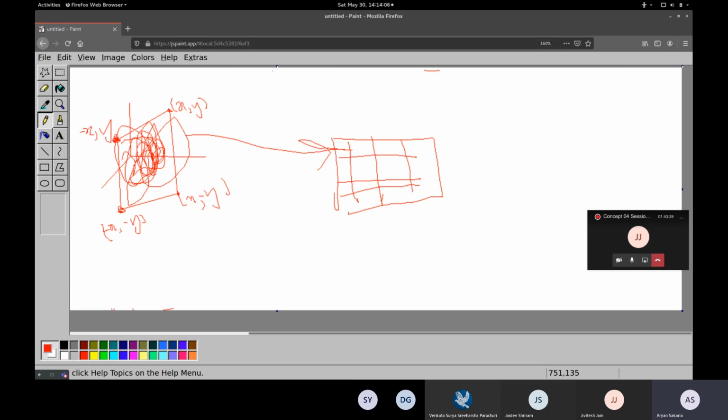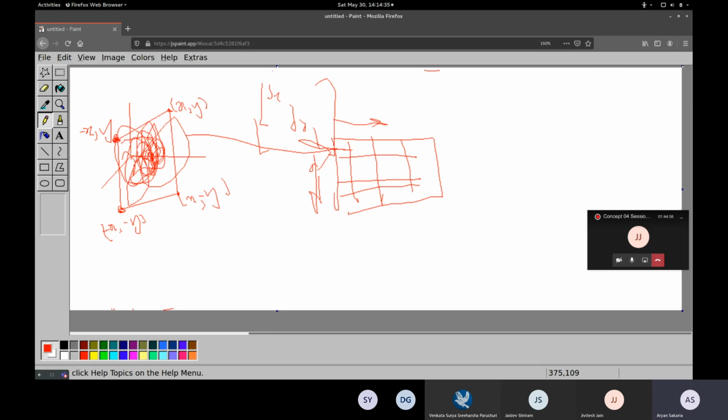So the discretization is done with your focal length only. Your focal length is actually not in millimeters or something, it's in pixel values. So that's why you can have a different focal length for X and a different focal length for Y, and it's in pixel values. That part comes over here, Fx, Fy, and 1, right?